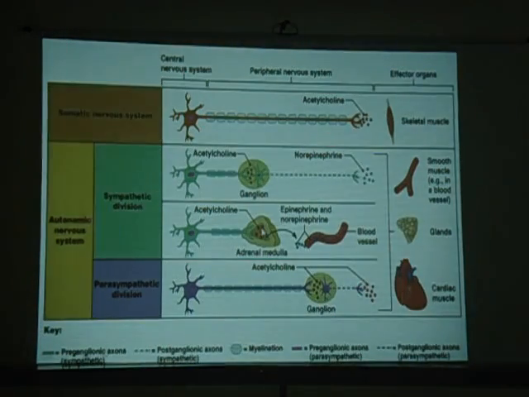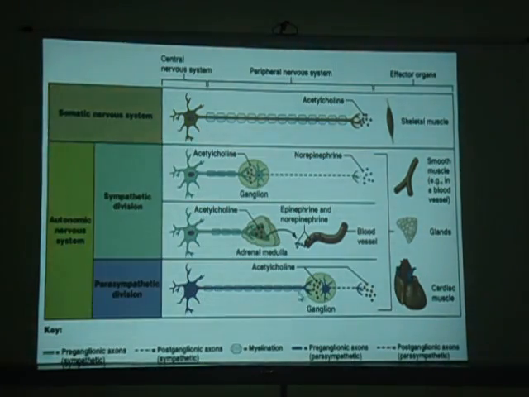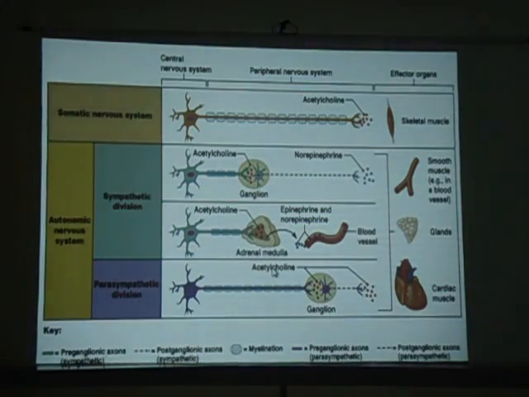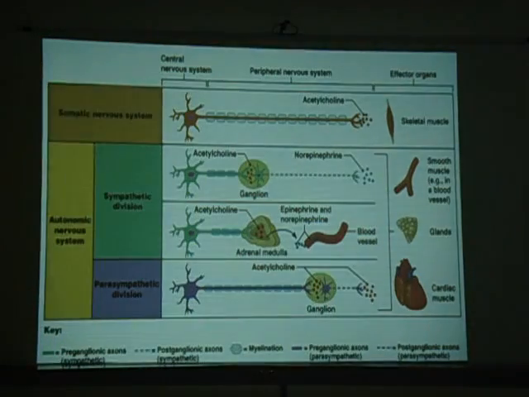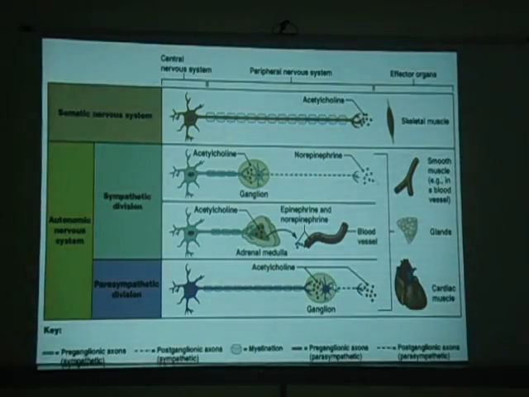As it is ubiquitous, most of the actions of acetylcholine can be blocked, but not all. That's why I have put this diagram, to make you understand where acetylcholine is present.